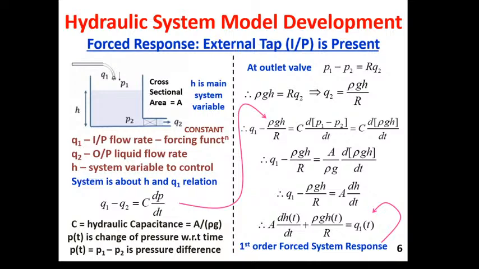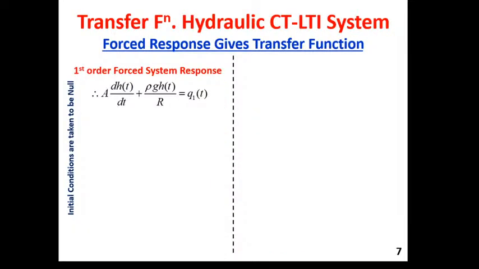Next is how to get the system response. For that purpose we have to take this system into a different domain, and initially we are not considering an initial condition for the system. You can see on the extreme left side of the screen that initial conditions are taken to be null.